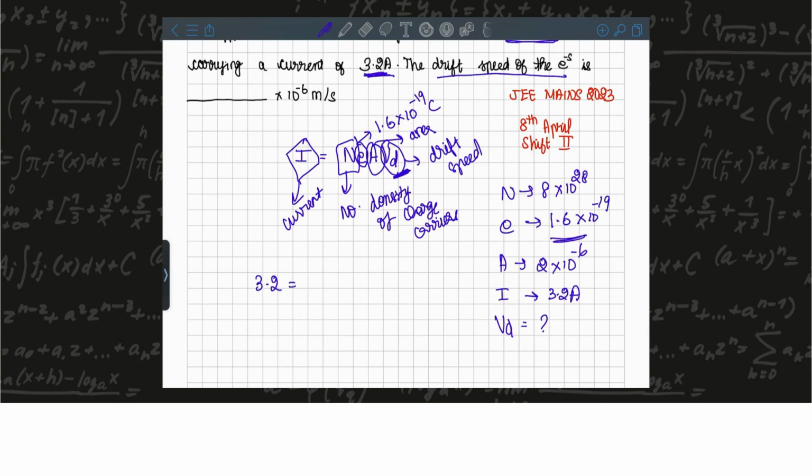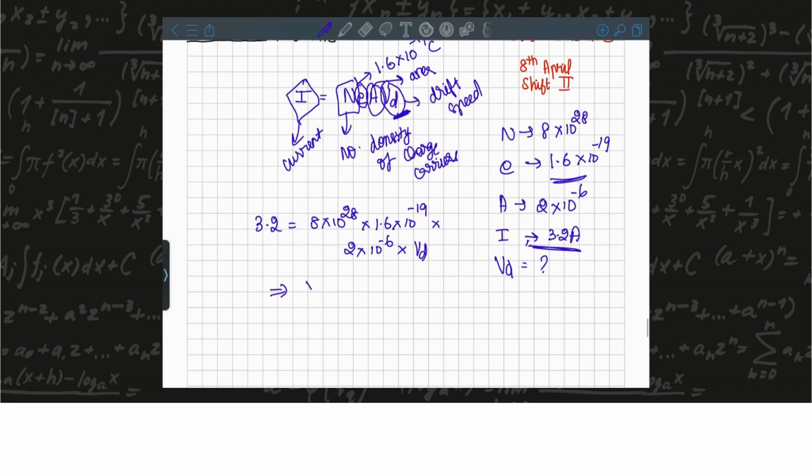So I is equal to 3.2, which they've given over here. 3.2 is equal to number density of charge carriers, 8 into 10 to the power 28, E is 1.6 into 10 to the power minus 19, A is 2 into 10 to the power minus 6, into the drift velocity that we have to find out. Rearranging, we get Vd is equal to 3.2 divided by 8 into 10 to the power 28 into 1.6 into 10 to the power minus 19 into 2 into 10 to the power minus 6.